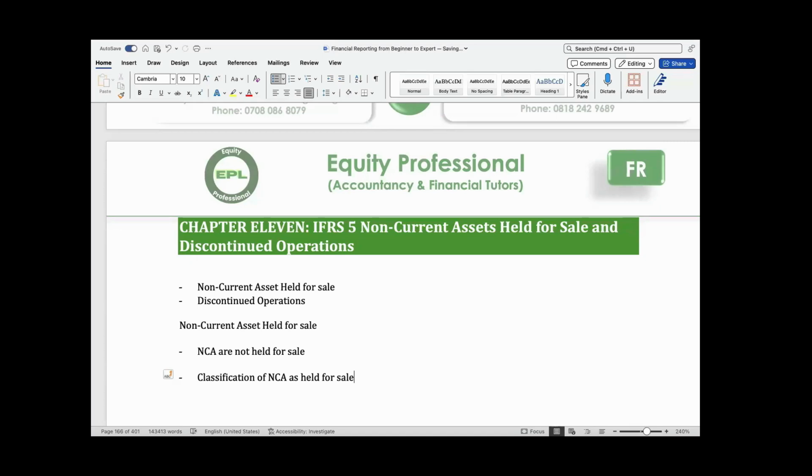And let me not assume, I want to believe that every one of you here knows that when we say non-current assets, we are talking about PPE, intangible assets, majorly financial assets, maybe investment property and many others like that.